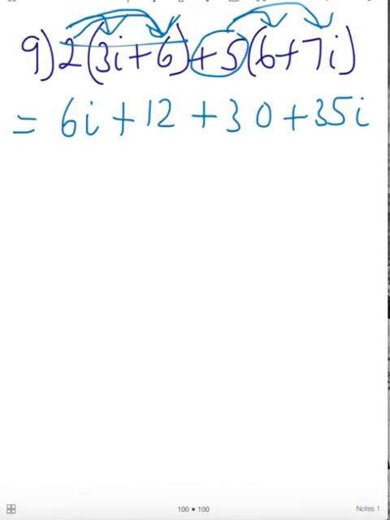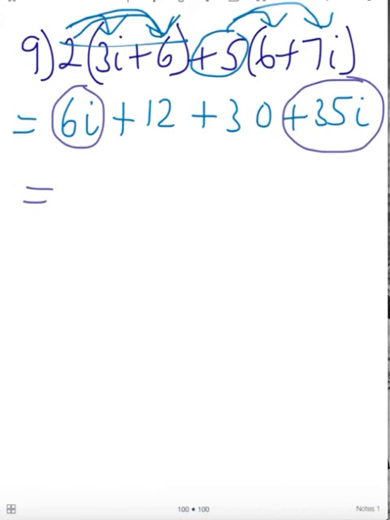Now, we haven't finished. Always check and see, is there anything else we can simplify, anything that we can add together? And I can see that we have a couple of things. We can start with our i's. There's 6i there and a positive 35i there. They are like terms. So 6 plus 35 will give me 41i, and my i's are taken care of.